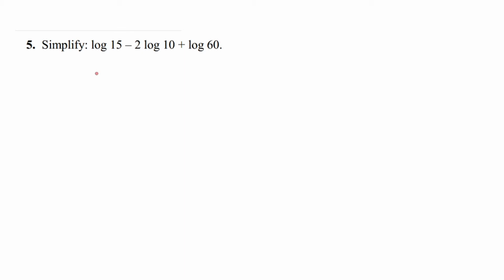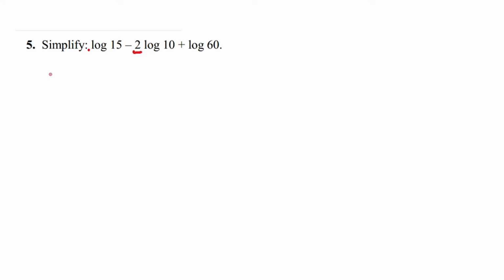So simplify logarithm of 15 minus 2 log of 10 plus log of 60. First of all, this logarithm here does not have a coefficient. Here it has 2, and here it has nothing. So let's first make everything have a coefficient of 1.